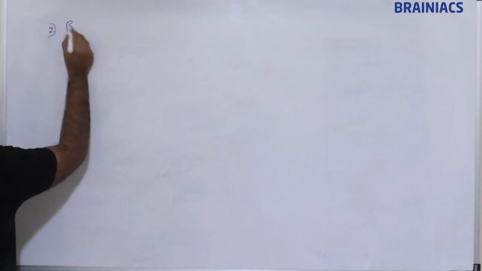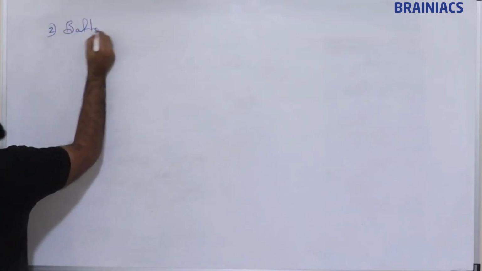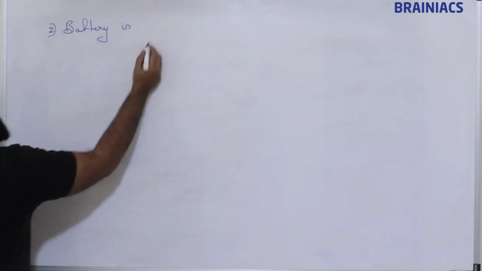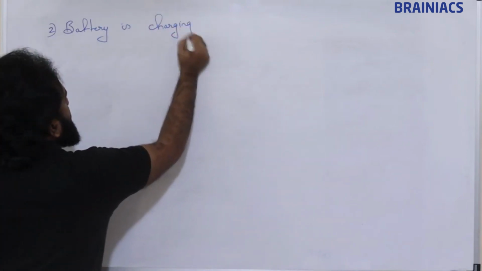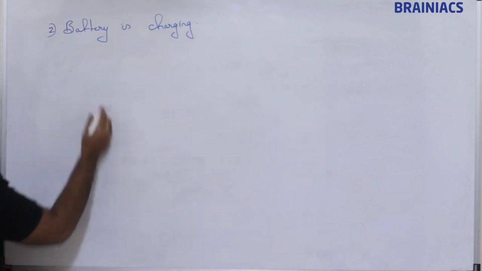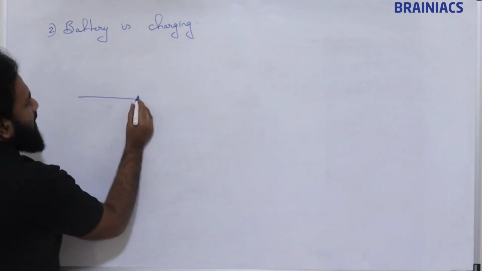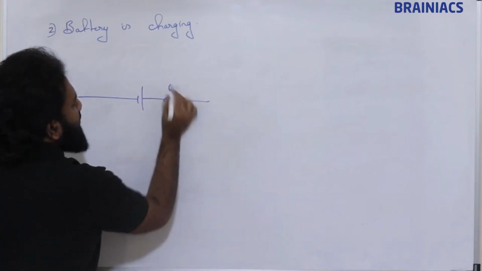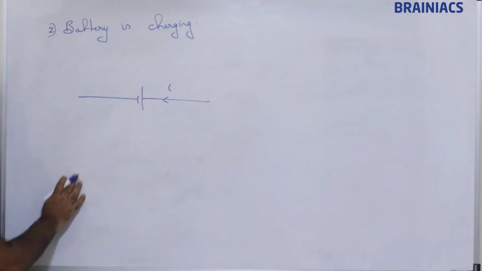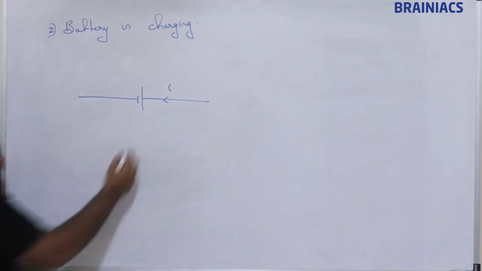Next point, battery is charging. If the battery is connected like this, the current direction will be towards the positive terminal.